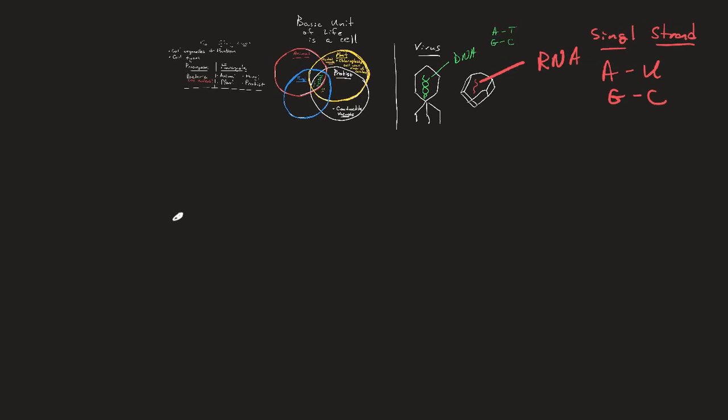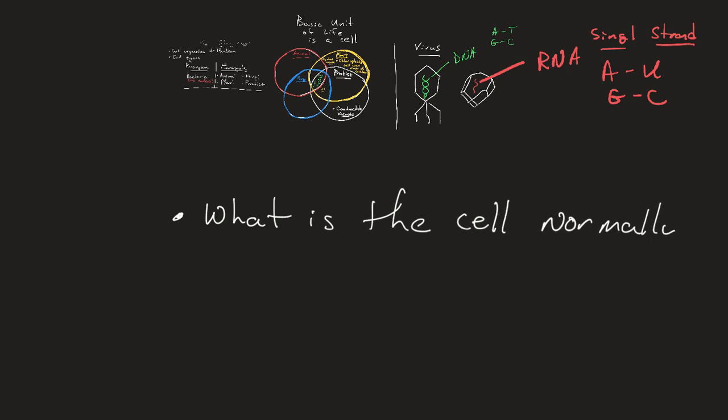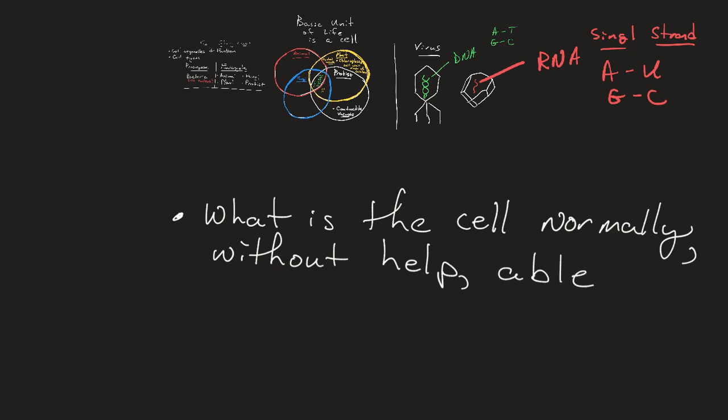You should know how things transport across the membrane. What passes the membrane usually and what doesn't? What is the cell normally, without help, permeable to?